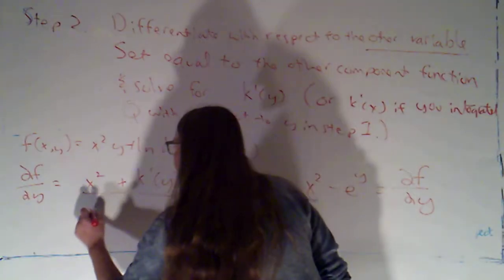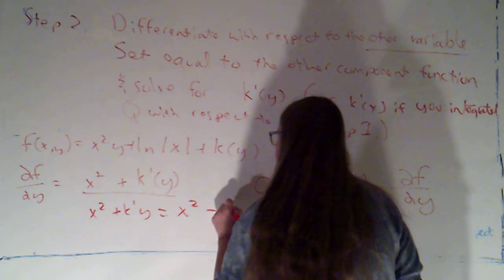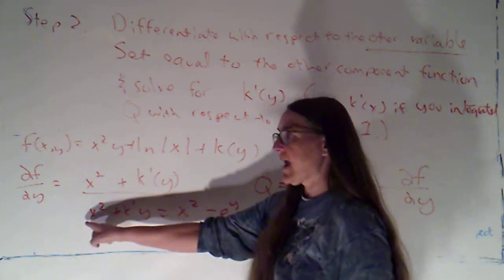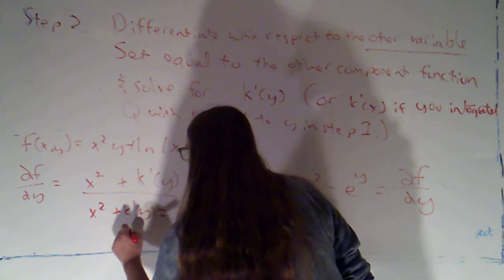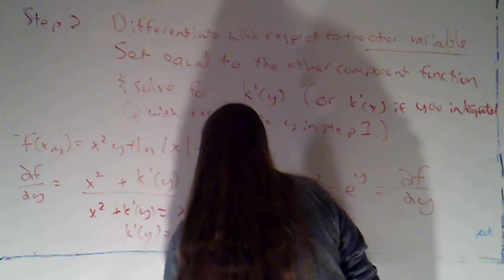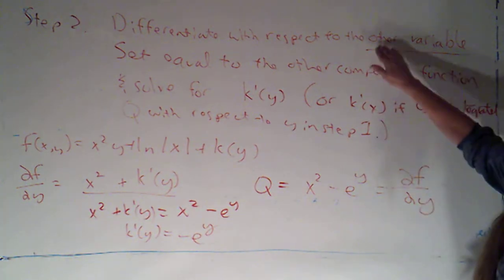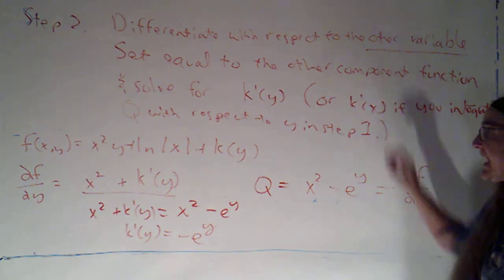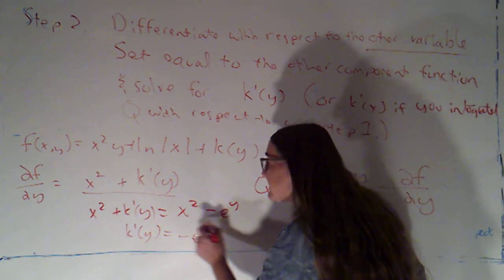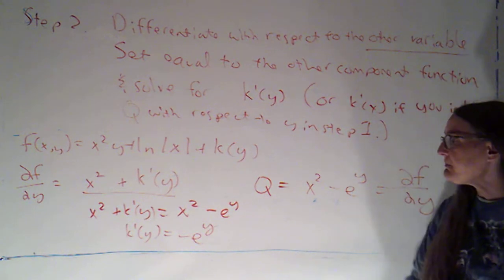So if x squared plus k prime of y is equal to x squared minus e to the y, I can subtract an x squared from both sides, and I get that k prime of y is negative e to the y. Okay. So I took the derivative, set it equal to the other formula for the derivative that I had, and that allowed me to solve for this one piece that I didn't know.